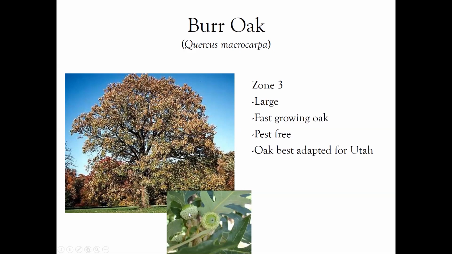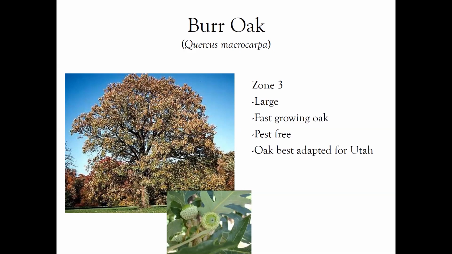But as a group, the white oaks, and bur oak being a major player here in Utah, tolerate the high pH soils extremely well. And the Gamble oak that grows native in Utah's mountains is in the white oak group as well. And it's very, very well adapted to Utah. They're also typically fairly fast growing, large pest-free trees.